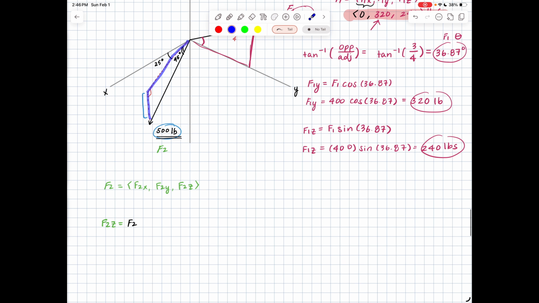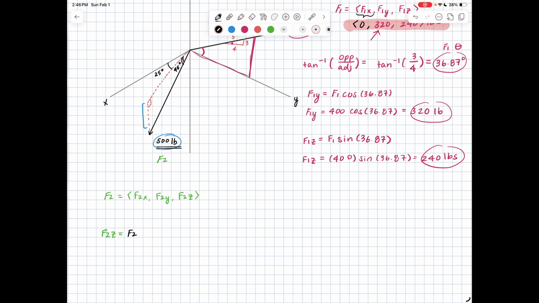So based on that, we're going to have sine, because this line is opposite from the angle, so sine of 45.